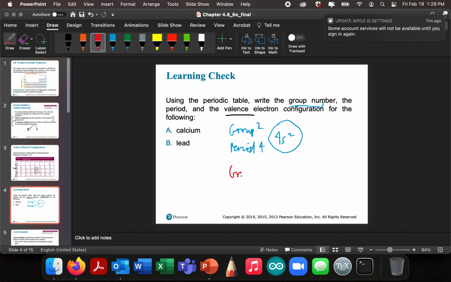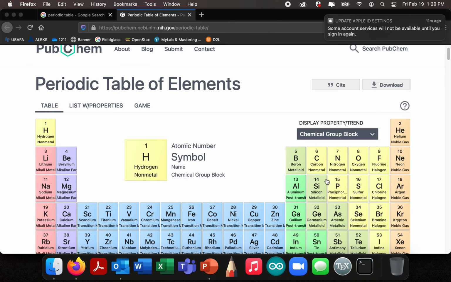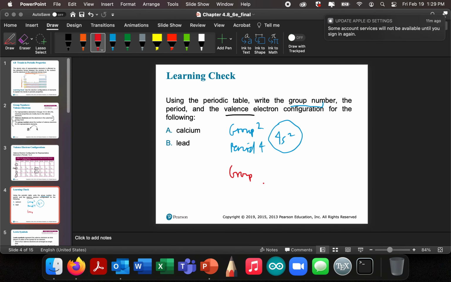Its group is 1, 2, 3, 4. It's in group 4. And its period is 6. And its valence electron configuration is going to be 6s2, 6p2. All right, so those are the valence electron configurations for calcium and lead.